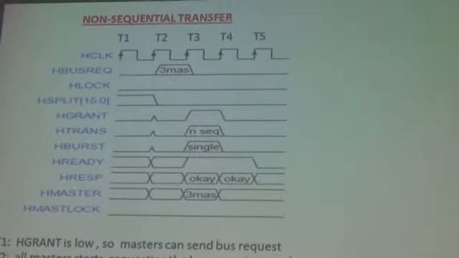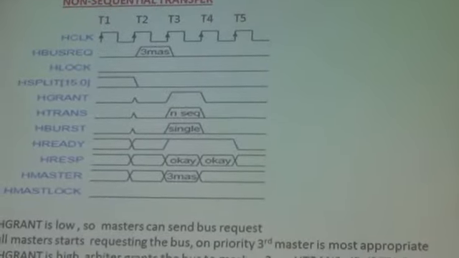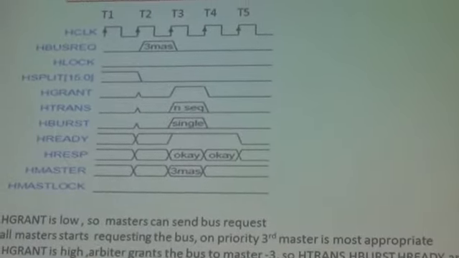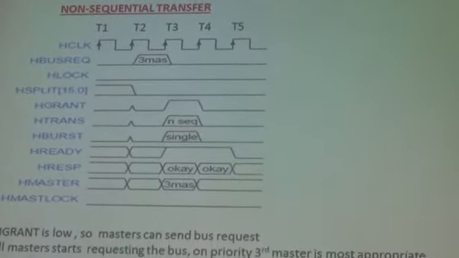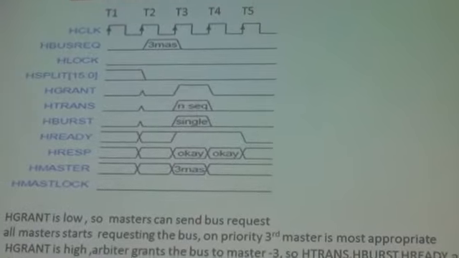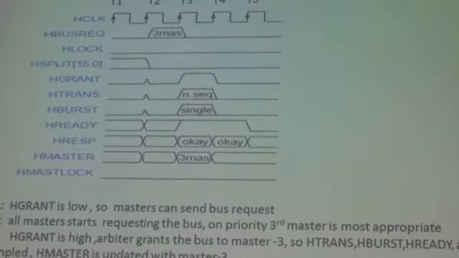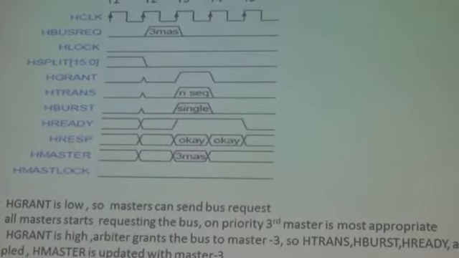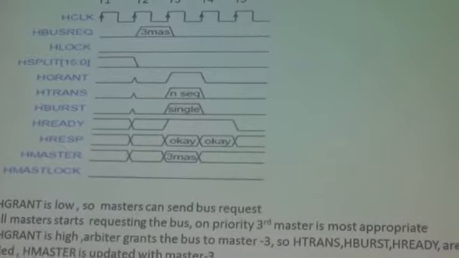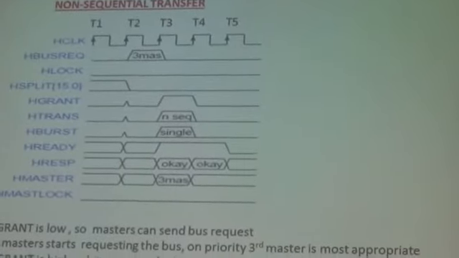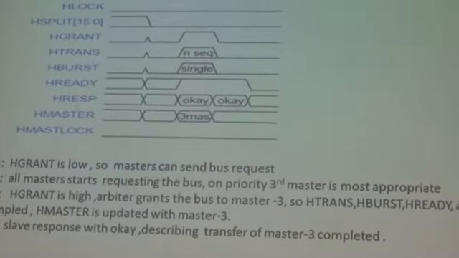If you examine T1, at the T1 clock cycle HBUSREQ is low and HLOCK is low, since we are not performing any locked transfer. HSPLIT is also low and HGRANT is low. Since HGRANT is low, it means the bus is free, as indicated by the arbiter to the masters in the T1 cycle. That is why at T1 HGRANT is low, so a master can send the bus request.